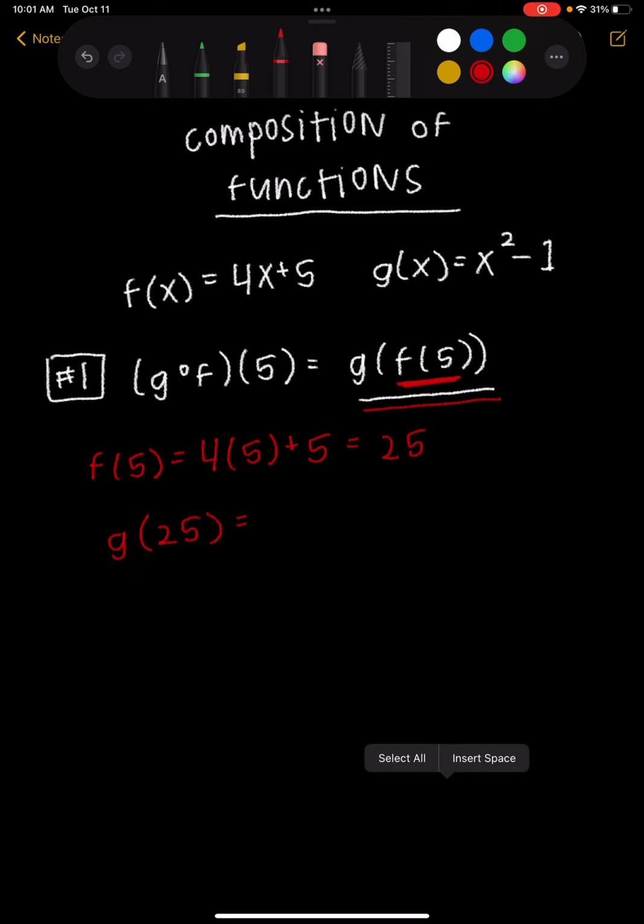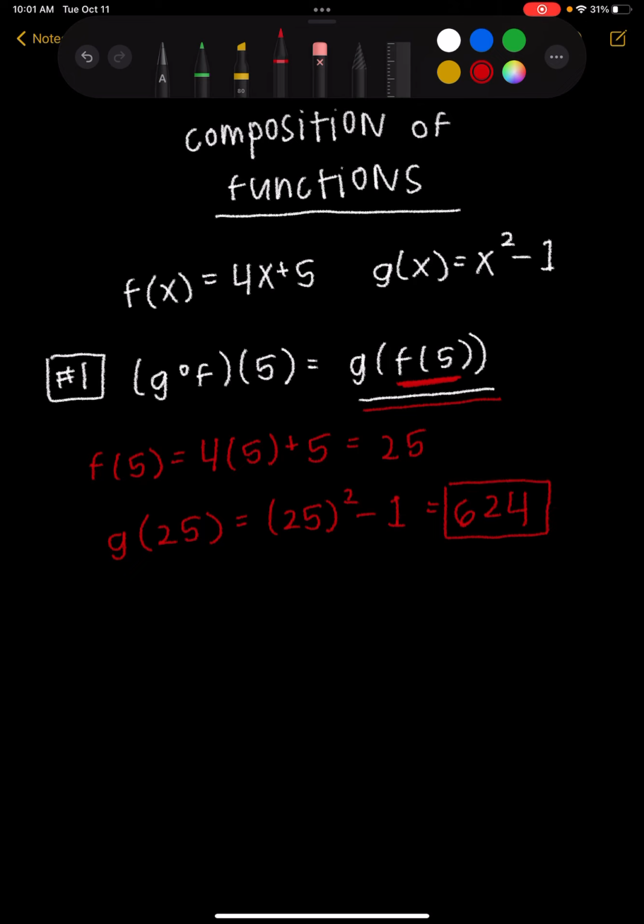If I plug that in for my x, I have 25 squared minus 1. Now all I have to do is plug that into a calculator, and I get 624. So this is my final answer.